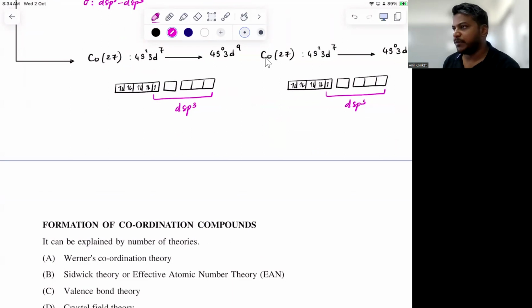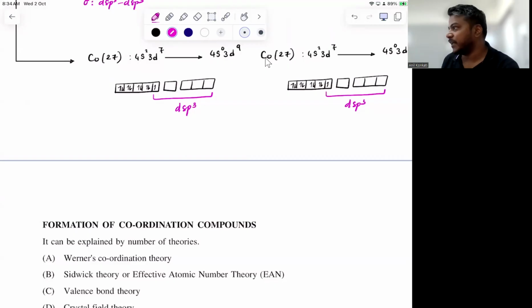I'm supposed to get two types of orbitals. What is that? Either it should be dz2 sp3 or dx2-y2 sp3. Clear? Now to accommodate four carbonyl compounds and only one bond outward, which one is best?